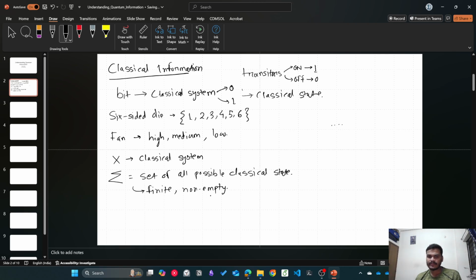We want non-empty because a classical system having no state is basically of no interest. There might be a lot of interest in a classical system having infinite states, but here we are going to limit ourselves to a finite number of states. So for our bit case, our system X is a classical system, and our sigma is a set of two states, 0 and 1.